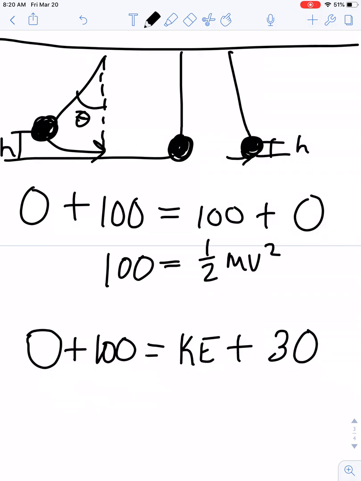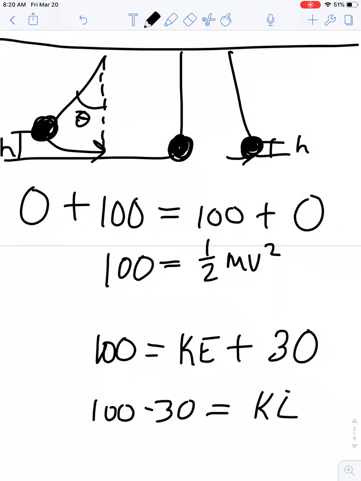But if the math is too difficult to do in your head, you just write this equation out, simplify it, and solve it, right? So you just do 100 minus 30 from both sides equals kinetic energy, and then you have your kinetic energy. And once you know this number is 70, you can go ahead and find your velocity by plugging in your mass and solving for v.